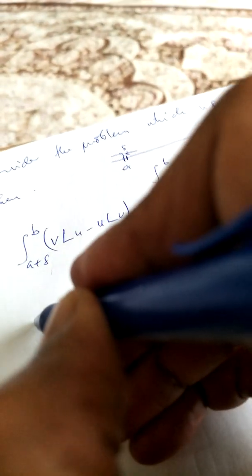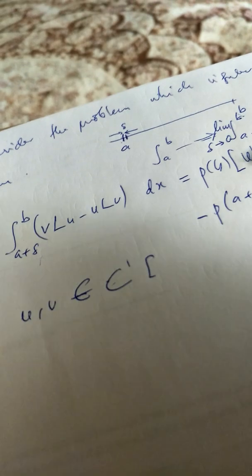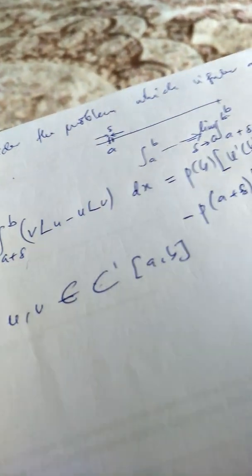Okay, so in this case u and v are continuous on the interval, so I can say u, v are C1, which means continuous derivative, on AB.